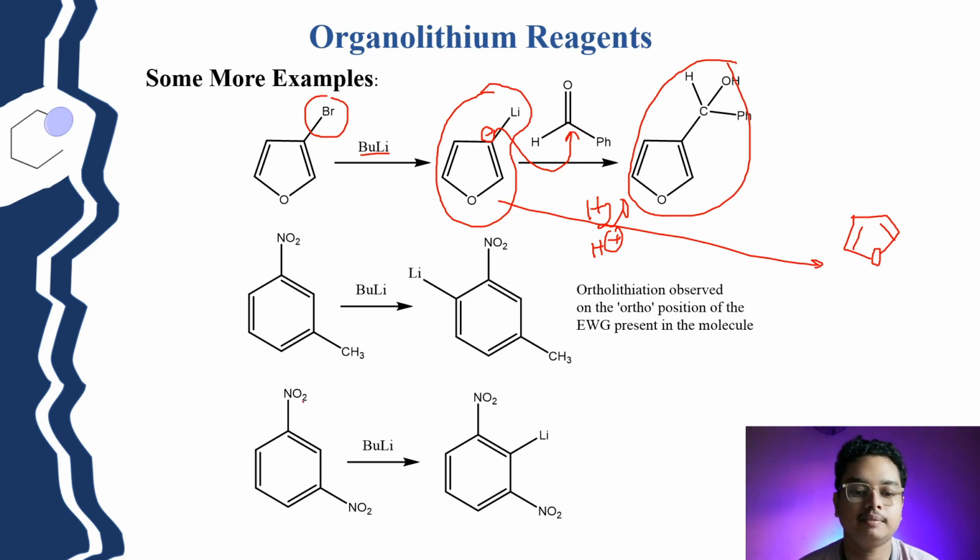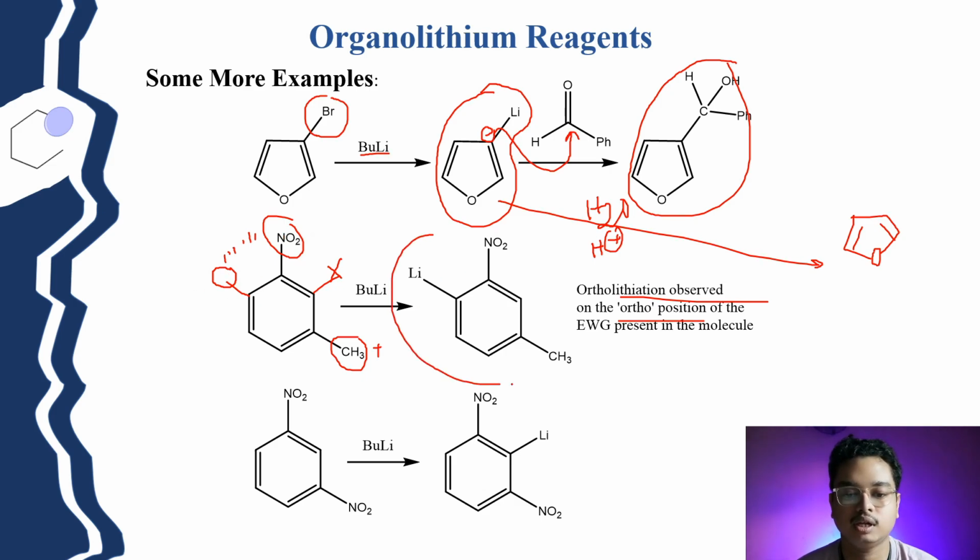Also, if you have this type of compound, always remember that ortholithiation takes place on the ortho position of the electron withdrawing group. Like here or here, these two are ortho positions, but since the electron withdrawing group is present here, this ortho position is not used, and this ortho hydrogen is abstracted, or exchanged by lithium, because there is a possibility of chelation between this electron withdrawing group and lithium.